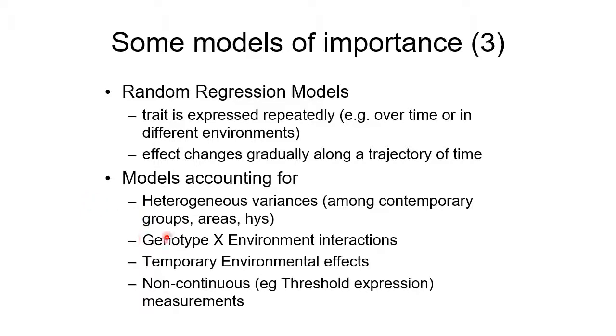And here, for example, in a specific contemporary group, in an area, maybe in some areas in a country, or within a herd year or season, there can be huge variances in the spread of the phenotypic values that you record or measure. And this will have a marked influence on the stability of your breeding value predictions, and you can then include that as an additional random effect in your models.